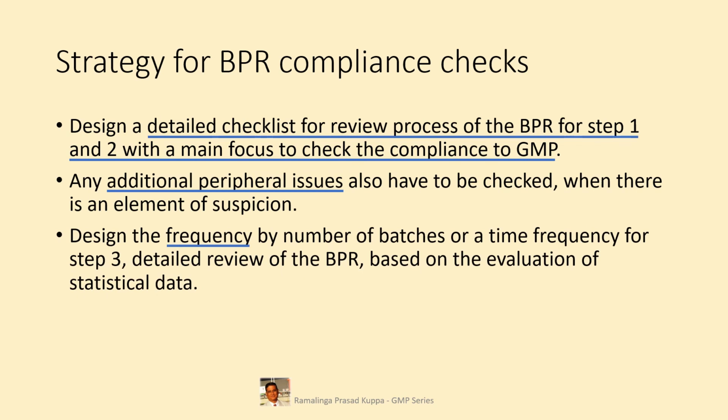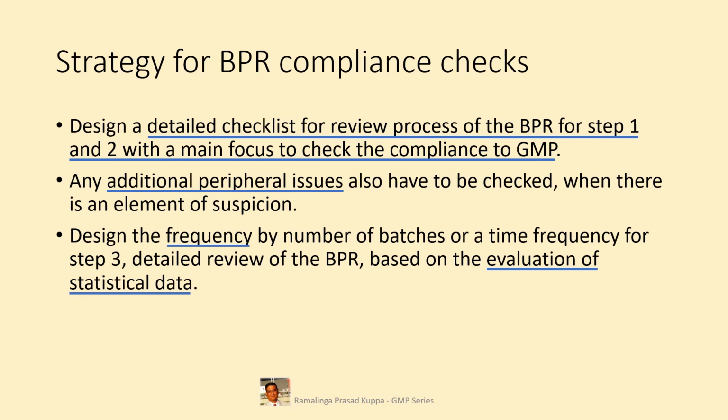Design the frequency by number of batches or a time frequency for step 3, detailed review of the BPR, based on the evaluation of statistical data. Frequency of detailed check could be done once a week or fortnight or monthly depending upon the validated status of the process as evaluated by statistical analysis.